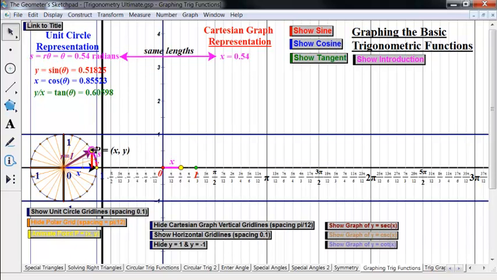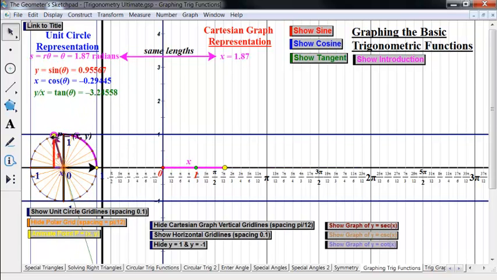For example, pi over 3, pi over 4, pi over 6, pi over 4, pi over 3, pi over 2. This has a reference angle of 60 degrees here, reference angle of 45 degrees here, 30 degrees here, 15 here for the reference angles. So these are in 15-degree increments, or pi over 12 increments.